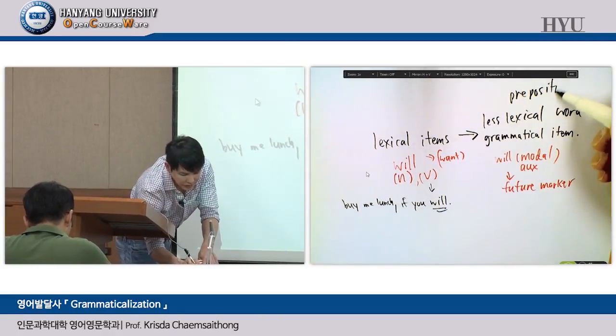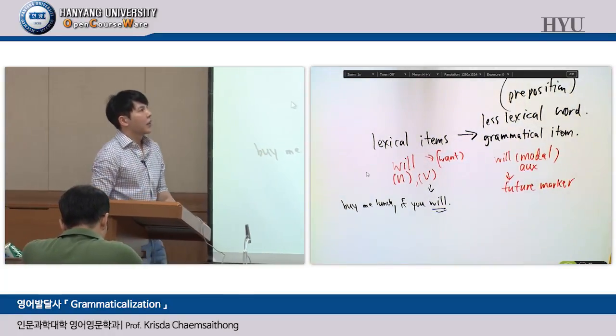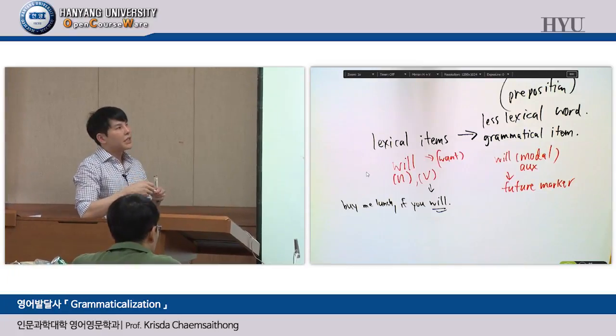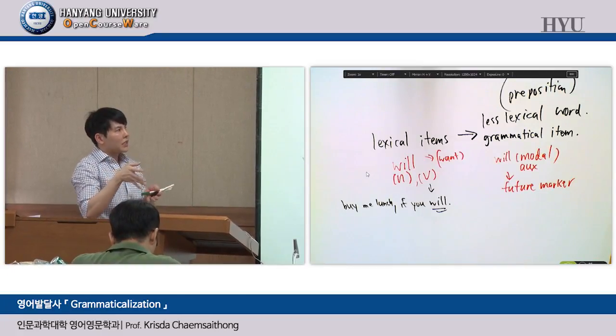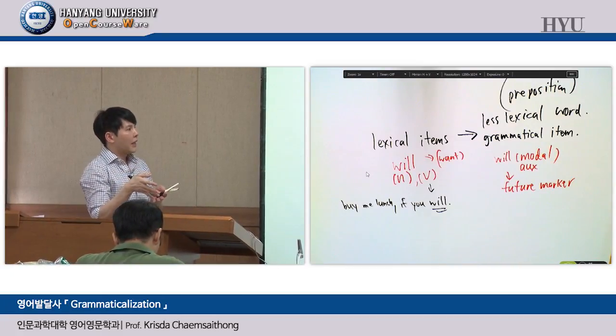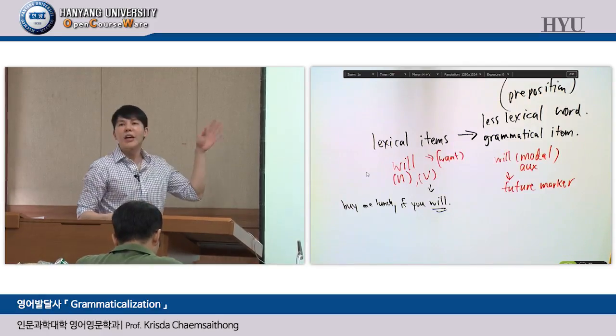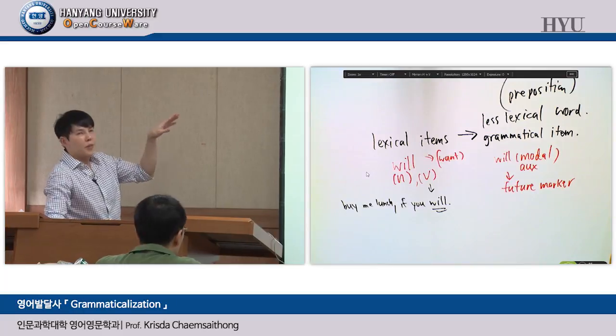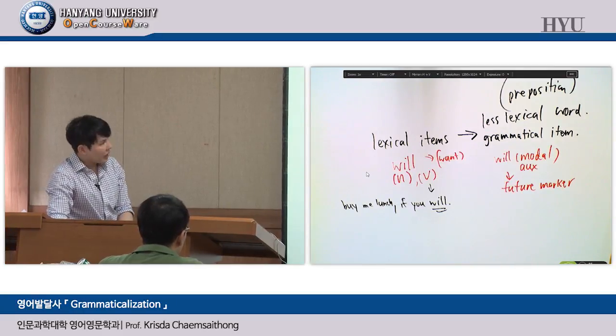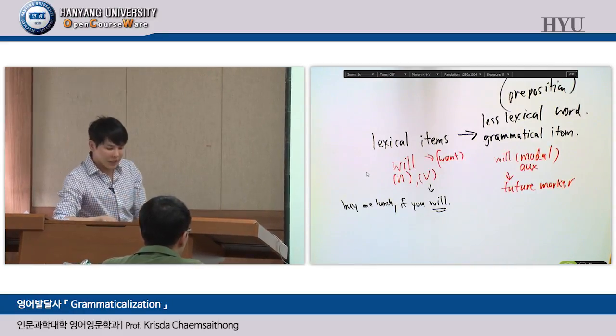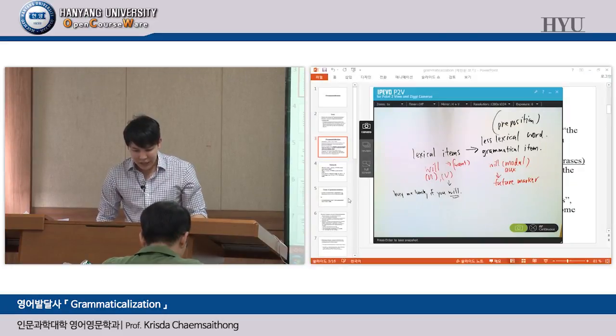So prepositions, right. Prepositions are less lexical than nouns and verbs, right? We'll see a lot of examples of prepositions today. Okay, so we are on the same page about this, what grammaticalization is.